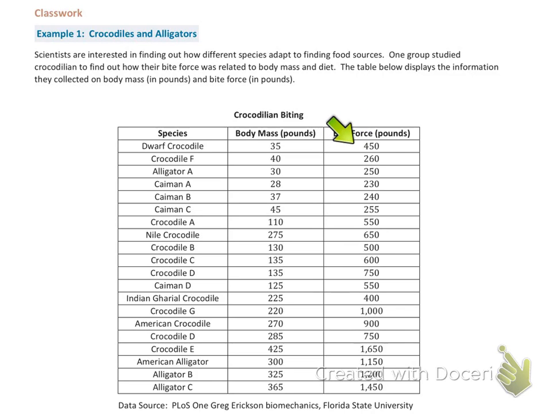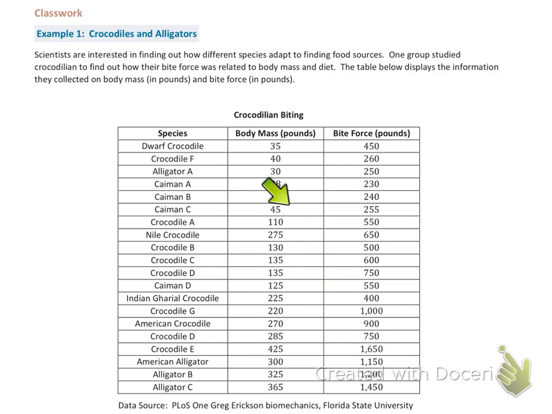Going up here, 45 pound crocodile with a bite force of 255. If we look for a weight that's similar to a human, let's look at this one, 135 pounds. Would be a small-ish adult, has a bite force of 750, 225 pounds, bite force of 400.